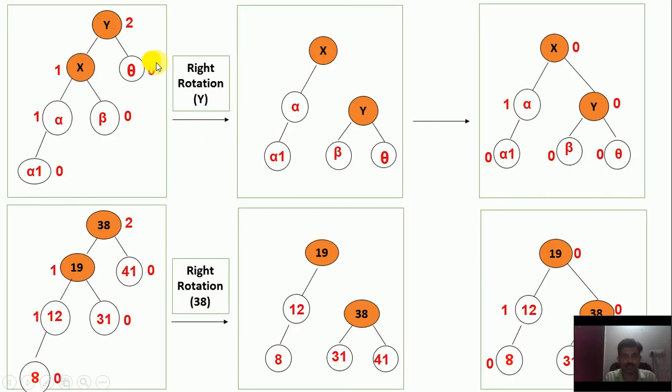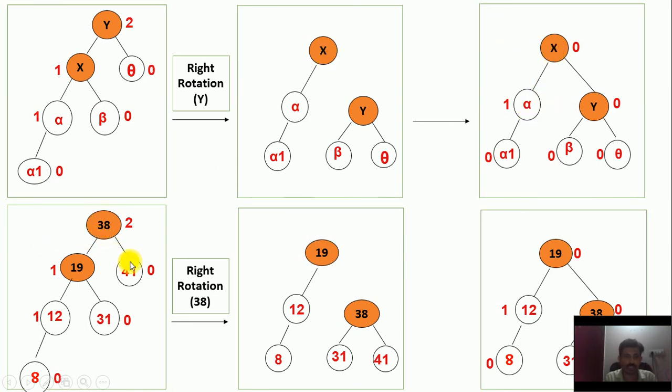You can see what is happening here: y along with theta will be placed on the right side of x, and beta will be placed on the left side of y, and we will merge the operation. So x will be the root here.